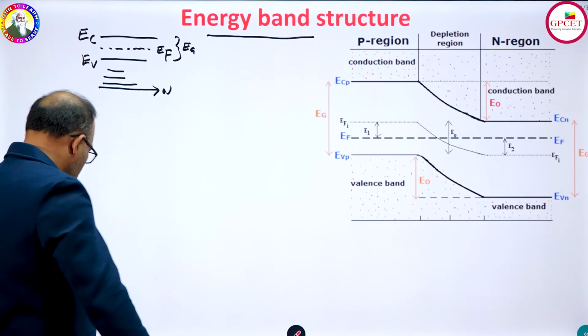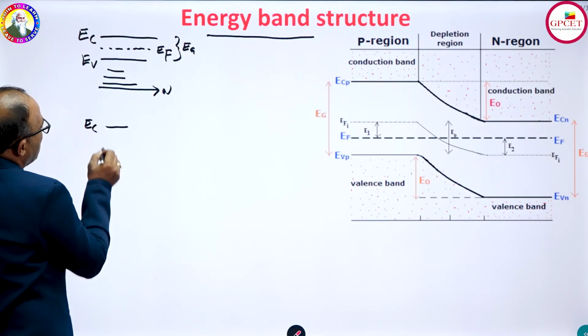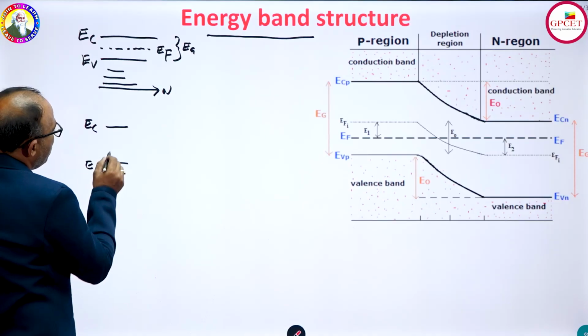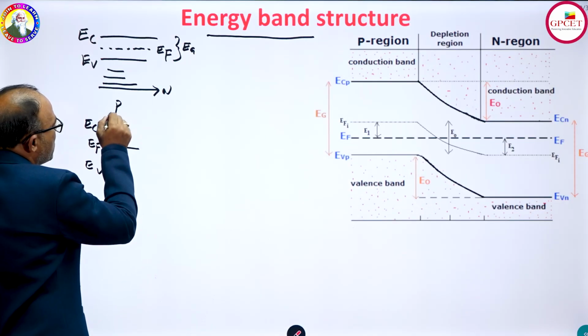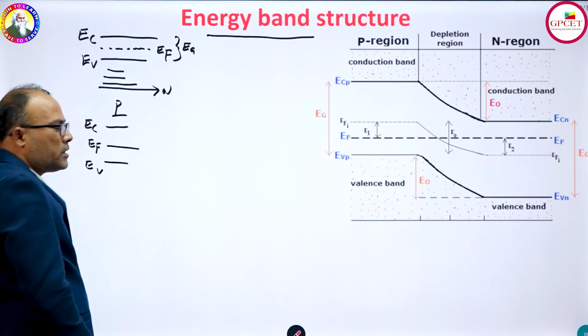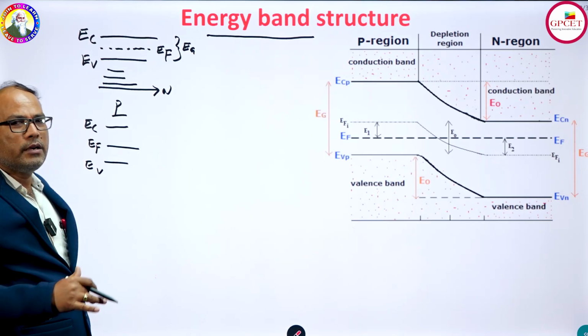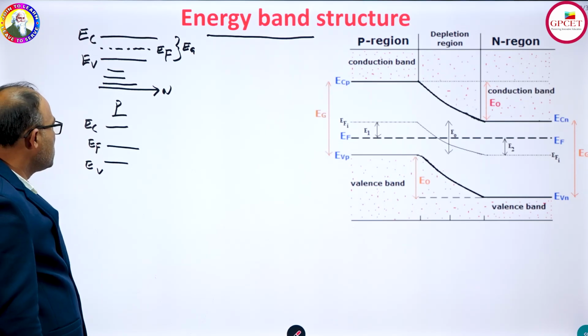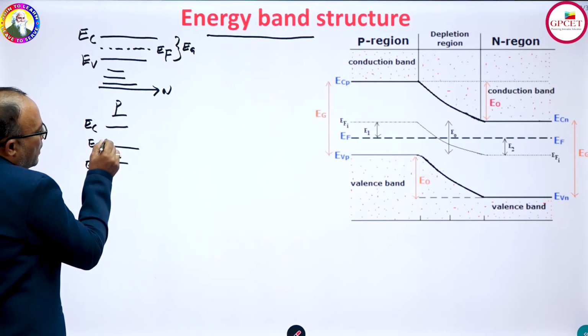Let us see here. Suppose this is EC and this is EV, and the Fermi level is lying at the center point for an intrinsic semiconductor. If this is a p-type semiconductor, that means it is doped with p-type impurities like boron, aluminum, gallium and indium, then what happens to this Fermi level? The Fermi level shifts upwards.